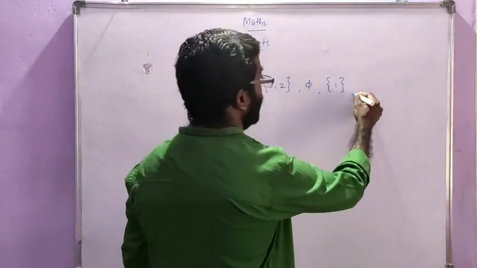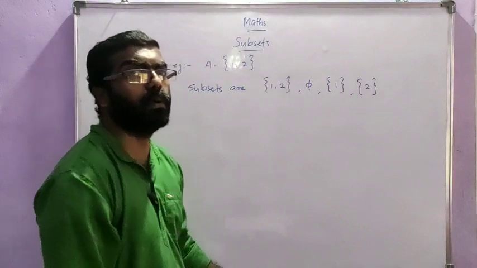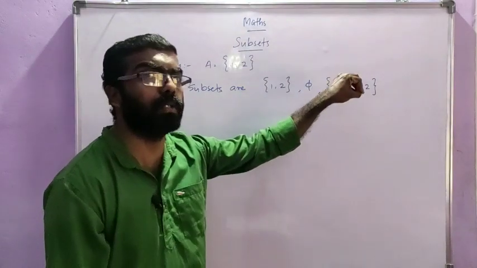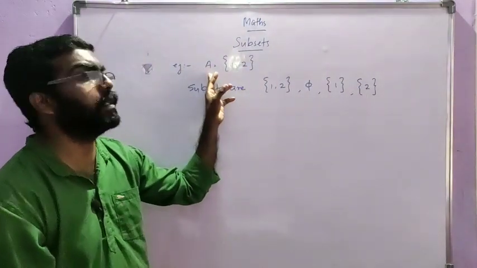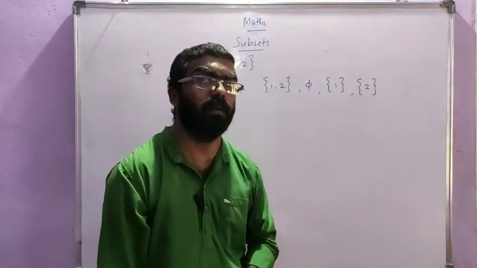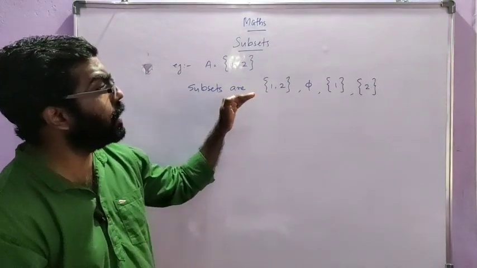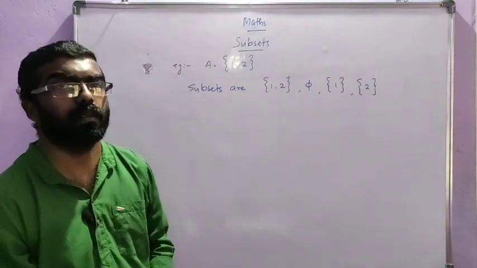And we can also write the set 2. Here also the number 2 is contained in the given set A. So we can say set 2 is also a subset of the given set. Clear? So totally we write 4 subsets.